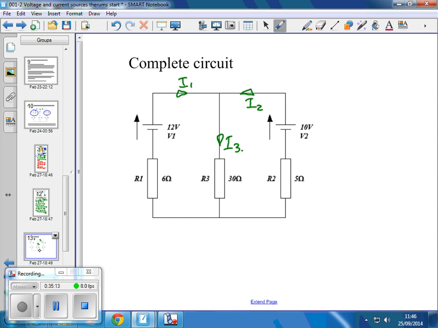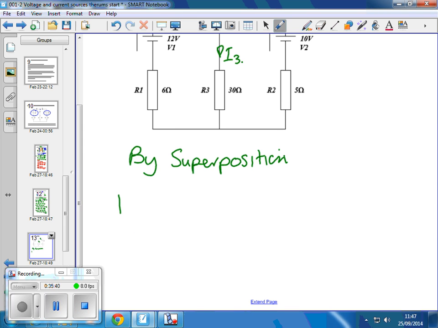Having done that, we go back to our original circuit, which we labelled up via that method. And the question asked, what are these three currents in the circuit, and what's the power dissipated in this one in the middle? Okay, so by superposition, I1 is equal to I1A plus I1B.